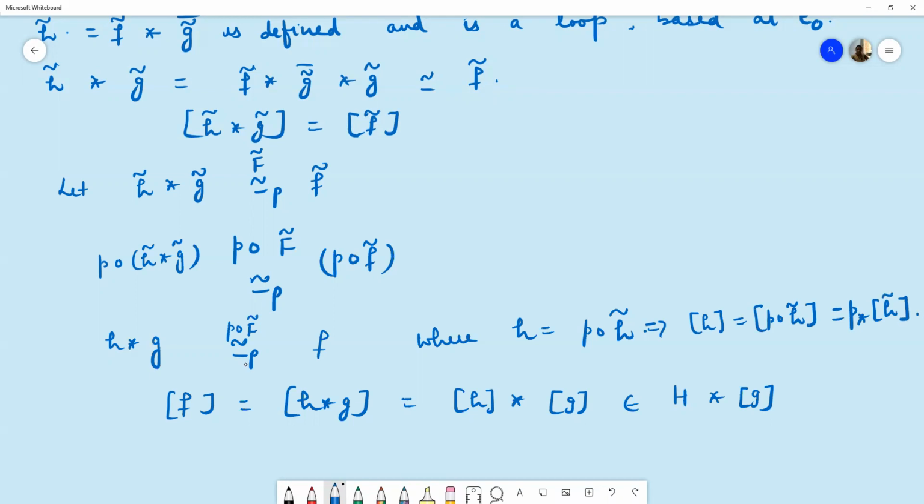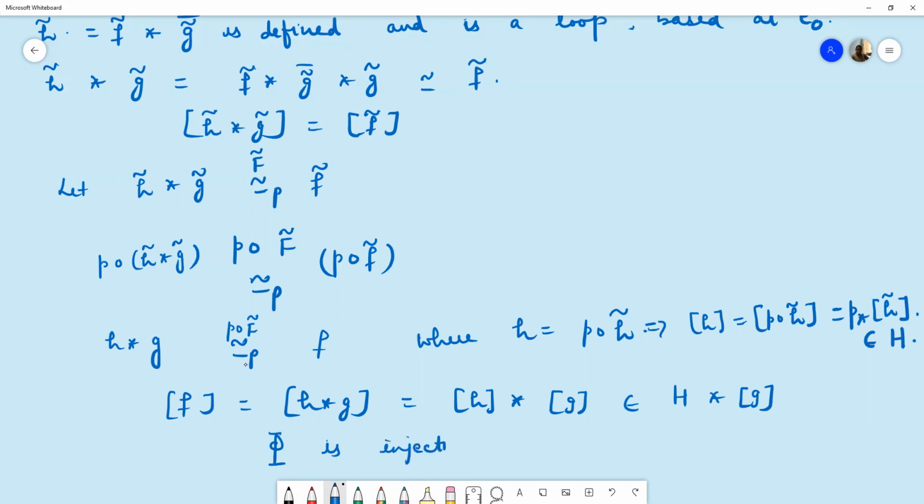So this homotopy class of H belongs to the image of P star, that means it belongs to capital H. So we have proved that if phi of F is equal to phi of G, then the homotopy class of F belongs to H star homotopy class of G. So it proves that the lifting correspondence induces a mapping capital phi, which is injective.